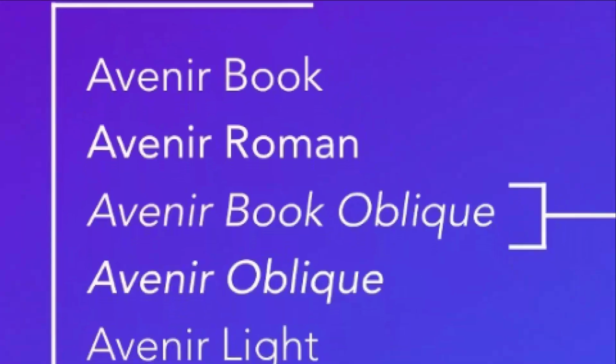See the first one here, and this other one is thicker than this. Another one is this one, Avenir Book Oblique. They are making it italics.